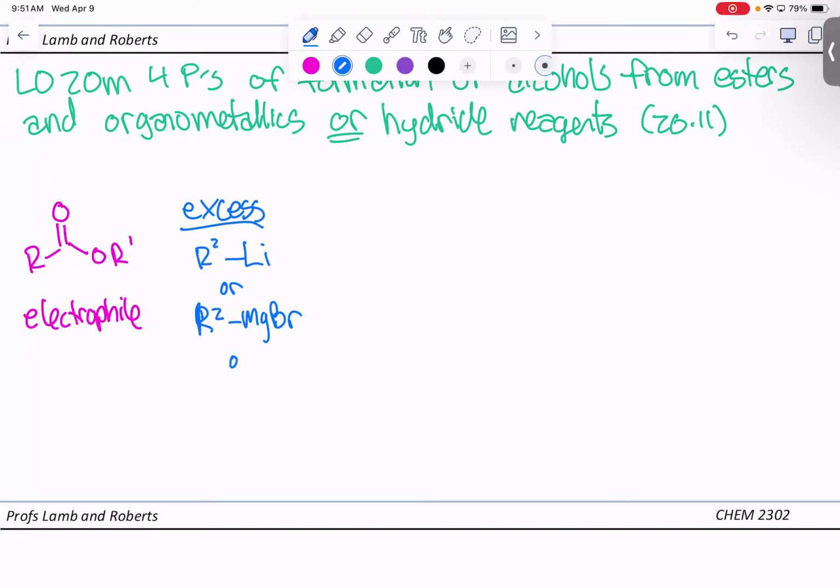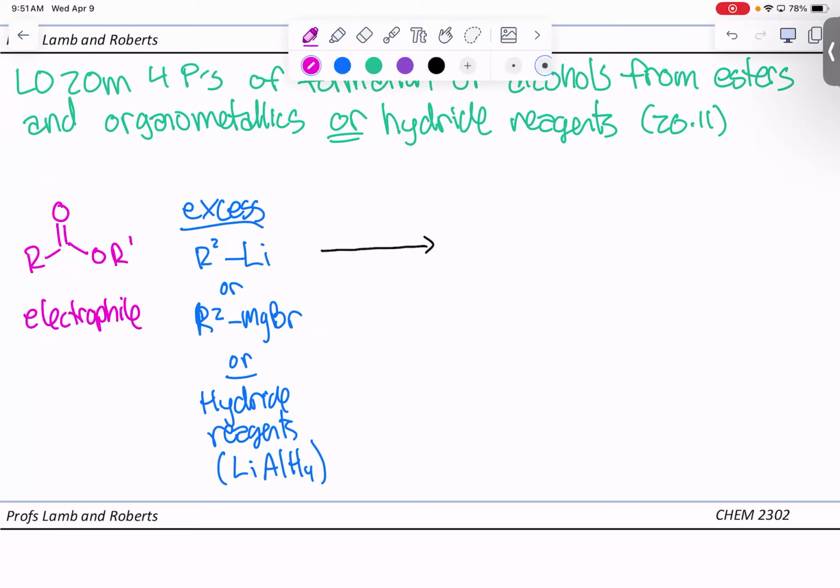All right, or we said we can use our hydride reagents. So this would be, for example, lithium aluminum hydride. We've seen that be a pretty strong hydride reagent. We saw that was the only thing that would reduce our carboxylic acid. All right, so these are all going to sort of behave the same way. All of these are a nucleophile in the reaction.